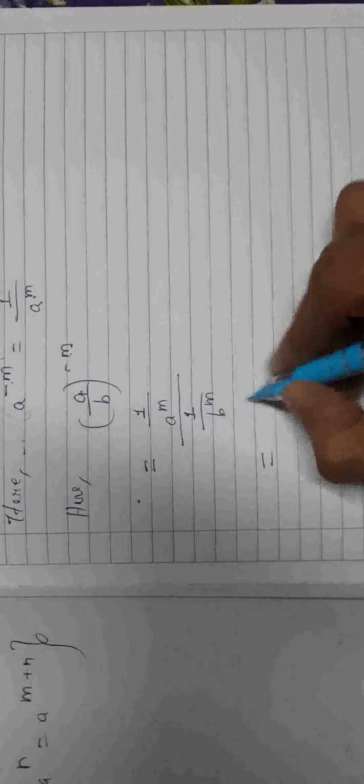So if I convert both of them, it becomes b to the power m by a to the power m, which implies b by a whole to the power m.